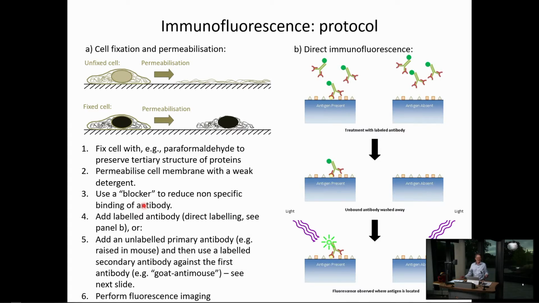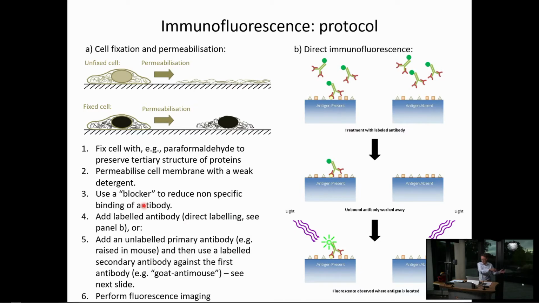To prevent that, you put a blocker on. You put an unspecific antibody on that is not for protein A. It's just a generic antibody from a mouse, another antibody from mouse, as you've seen before.